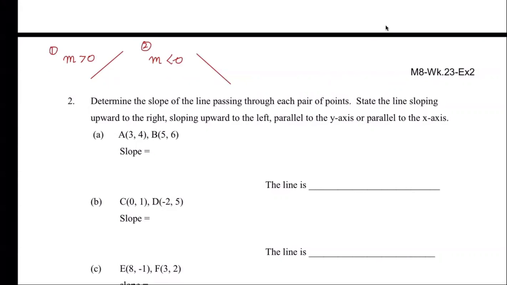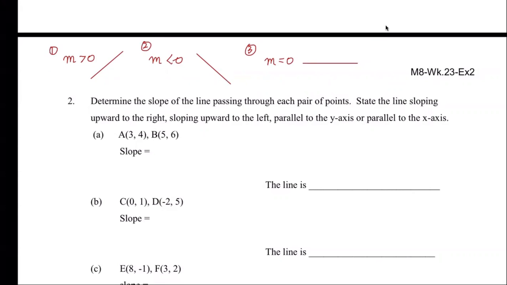Okay, if the slope of a straight line is equal to 0, then this straight line must be horizontal. We analyzed this in last week's homework, right?